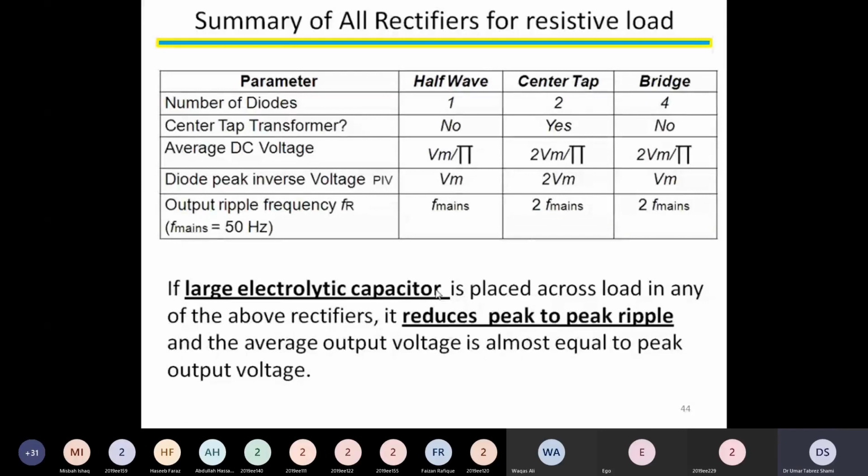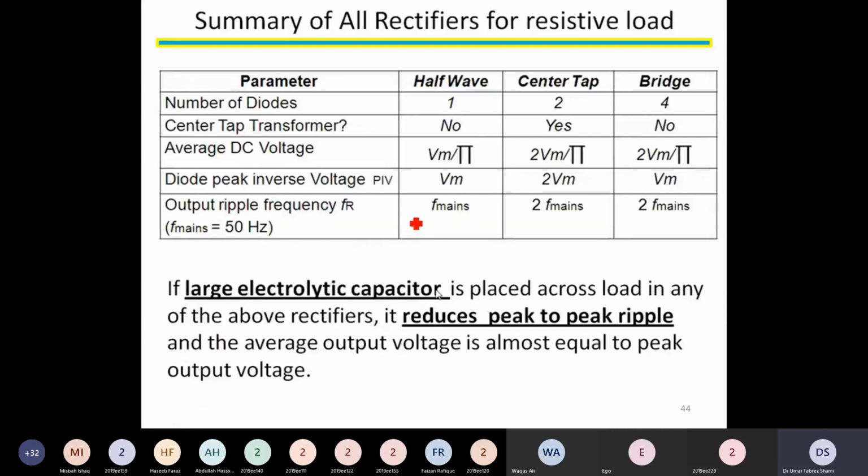The output ripple frequency in the case of half wave becomes f main, that is, whatever is the frequency of the power supply, we will have the same frequency. But in the case of center tap and bridge network, it becomes twice the frequency because we are rectifying.